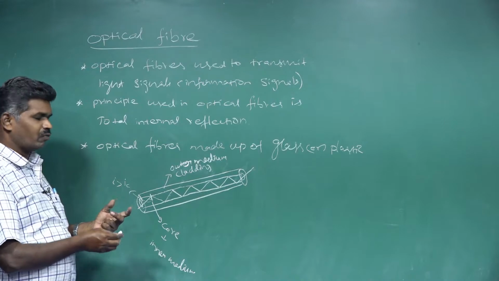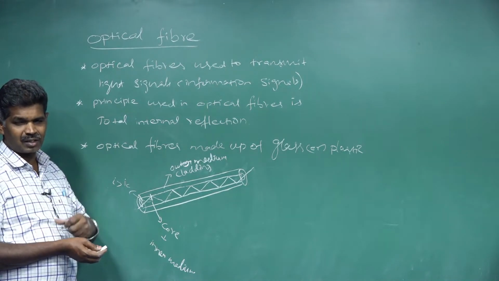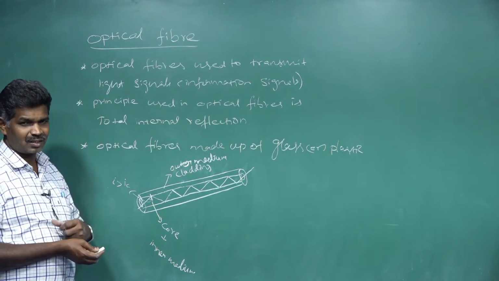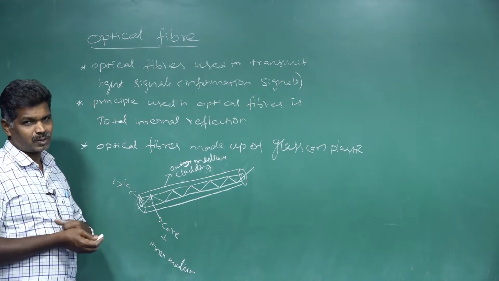So information signals are transmitted as light signals through the fiber cables in a communication system.